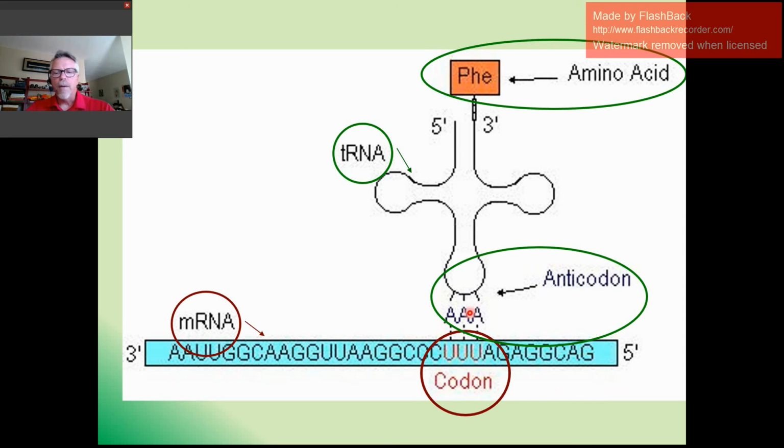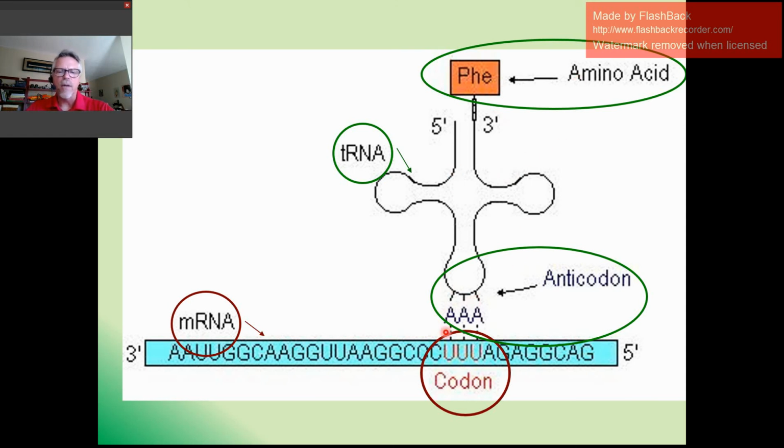But here is our transfer RNA molecule, tRNA. You can see it has this distinctive shape. At one end is an amino acid, and at the other end is an anticodon. Now, like I said a couple minutes ago, there are a whole bunch of different transfer RNAs, and they serve to map amino acids to anticodons.